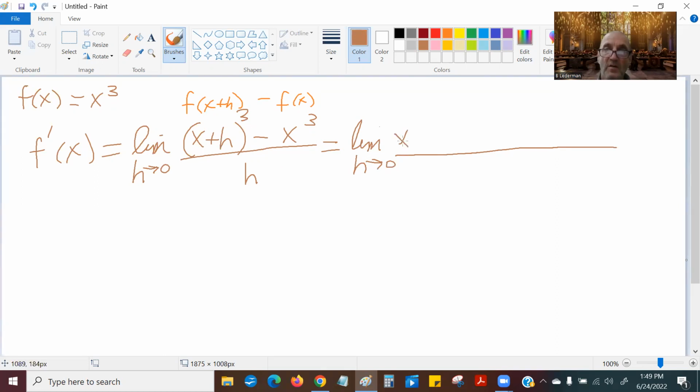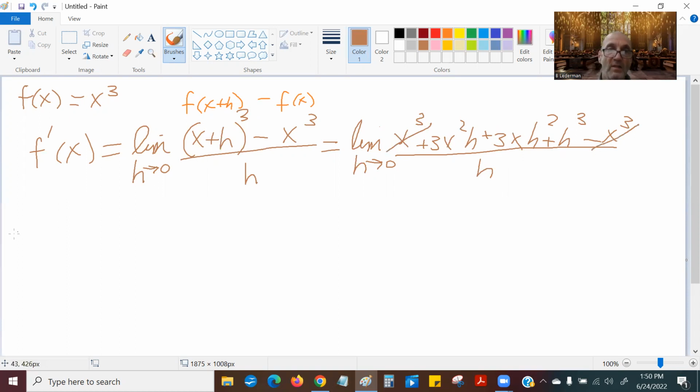So this is x to the third power plus 3x squared h plus 3x h squared plus h to the third power, and then minus x cubed, because that comes at the end. This is all over h. Now the x cubes cancel out.